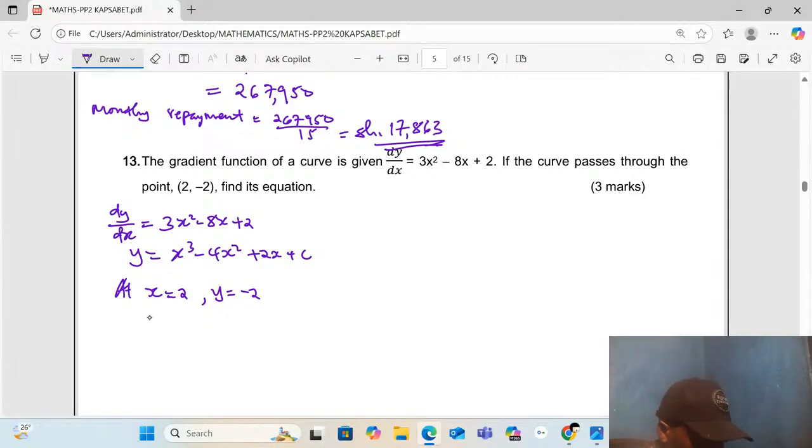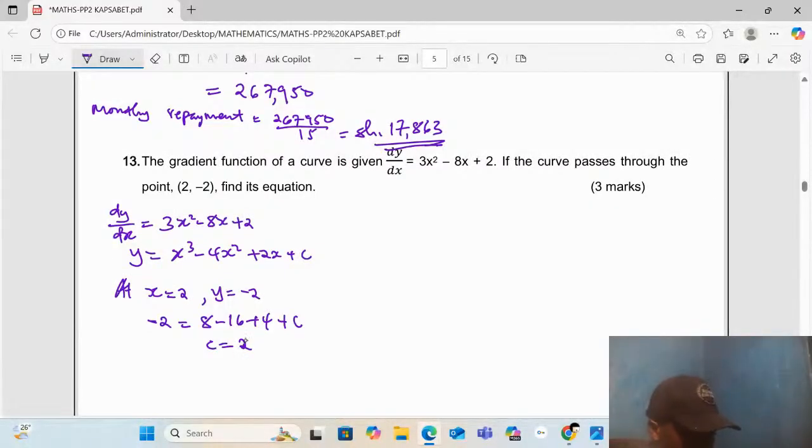So negative 2 is equal to 8 minus 16 plus 4, since 4 times 2 squared is 16, plus c. So c is equal to 2. So that is the value of c.